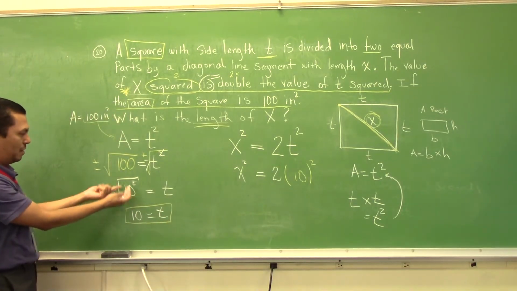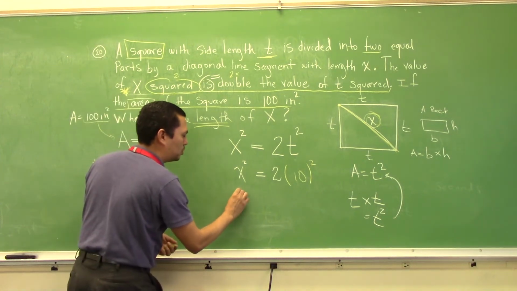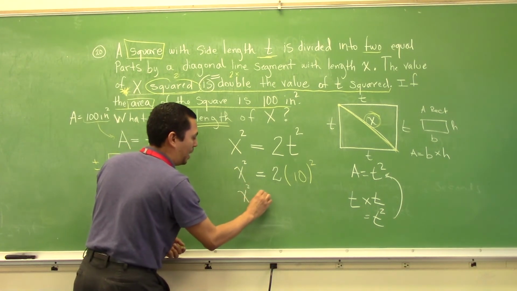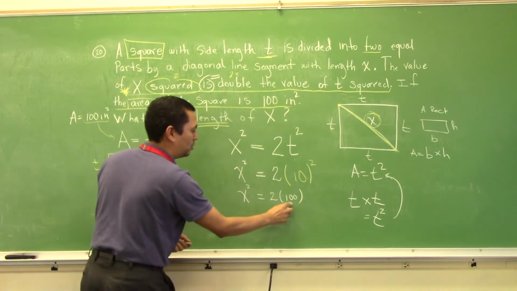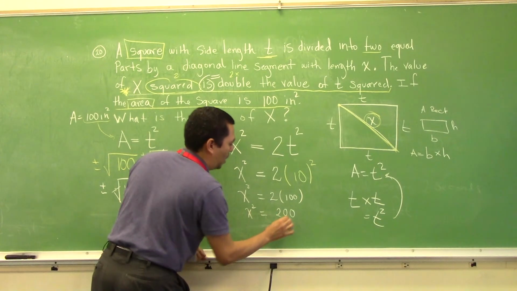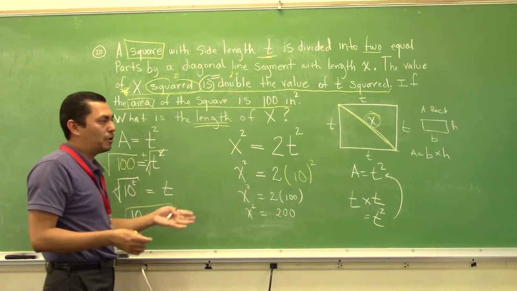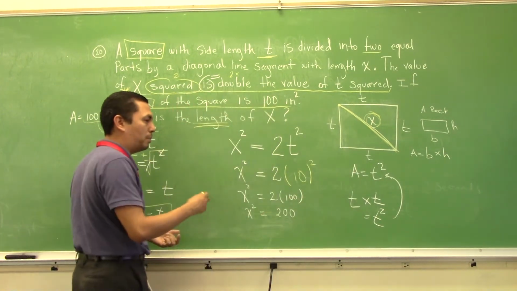We got it here. And 100 times 2 is equal to 200. So let me do two steps. x squared is equal to 2 times 100, and 2 times 100 is 200.